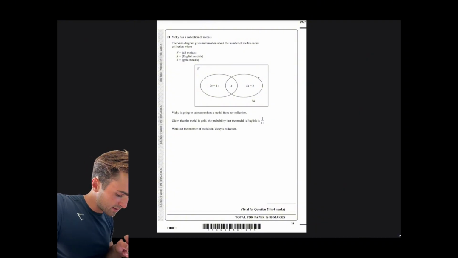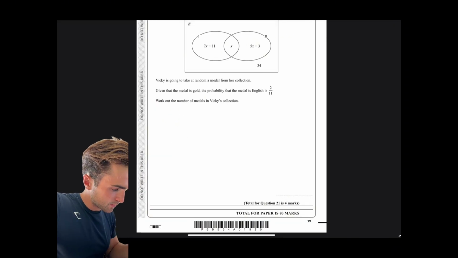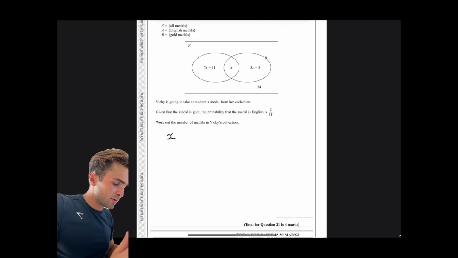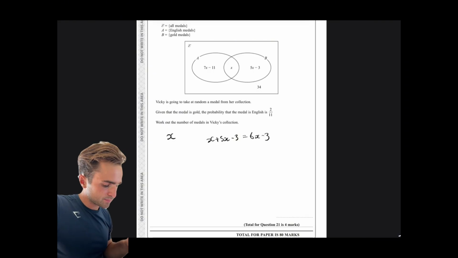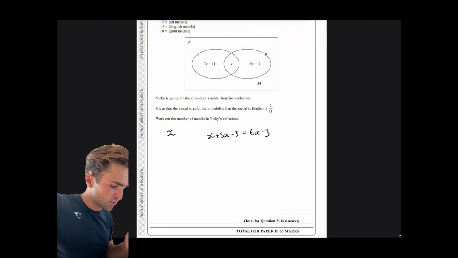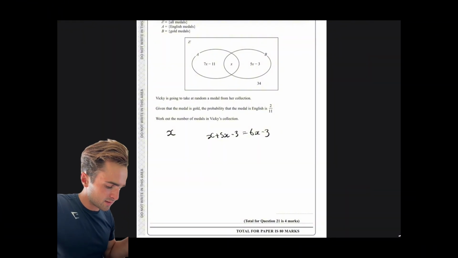So English and gold is x. All of the gold is x plus 5x minus 3, right? Everything that the circle covers, which is 6x minus 3. So what proportion of English and gold is the golds, if that makes sense?